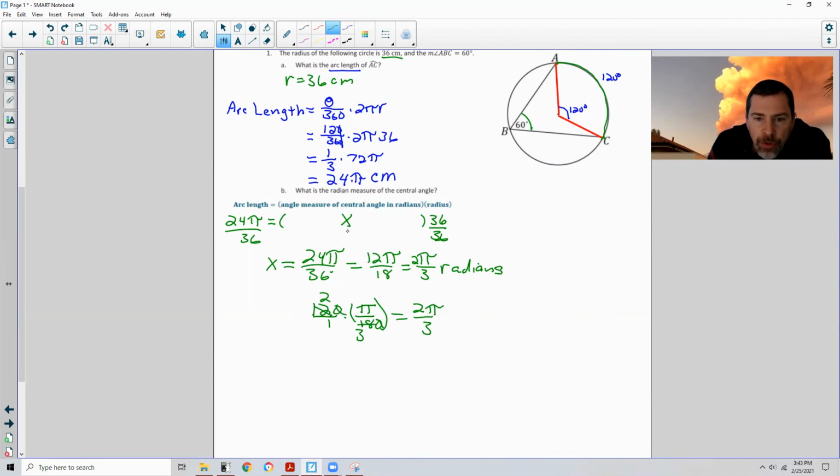So either way you do it, it comes out the same. You can set it up this way: arc length equals x times the radius, and then divide both sides by the radius. Or you can just simply multiply the degree measure of the central angle by pi over 180, and reduce. Either way, you'll get the same answer. And of course, these are radians.